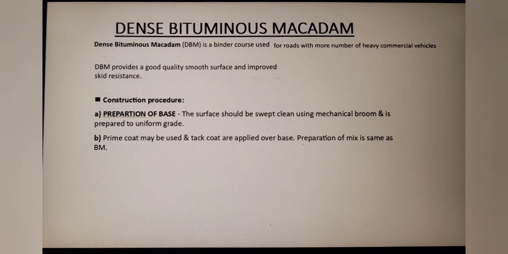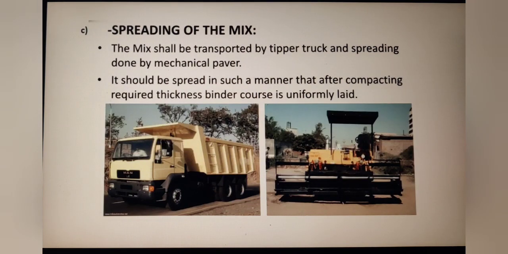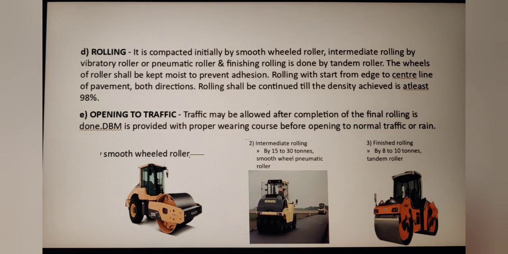First step is you have to clean the subbase course. Then prime coat is applied. After applying the prime coat, we have to apply the bituminous mix which is prepared in the hot mix plant. Then we have to spread the mix. After spreading the mix, we have to compact it using the rollers. We can use the smooth wheel roller, intermediate rolling and finishing rolling.